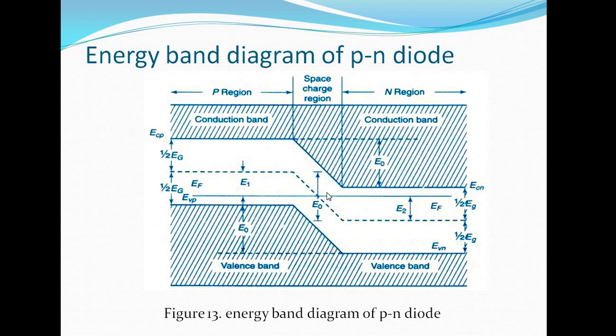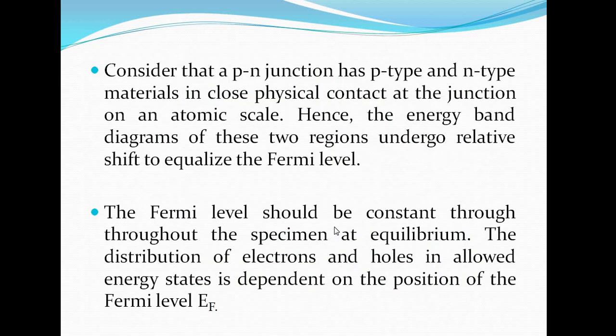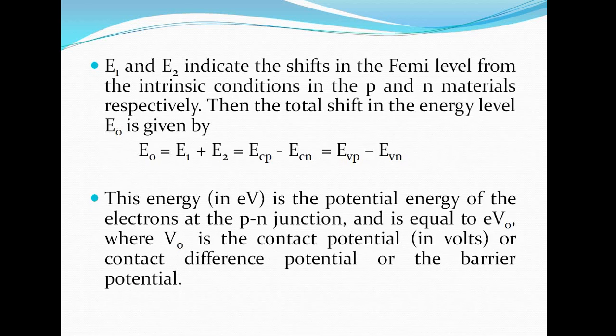When we apply external voltages, E1 and E2 indicate the shifts of the Fermi level from equilibrium conditions in the P and N materials respectively. Then the total shift in the energy level E0 is given by E0 equals E1 plus E2.